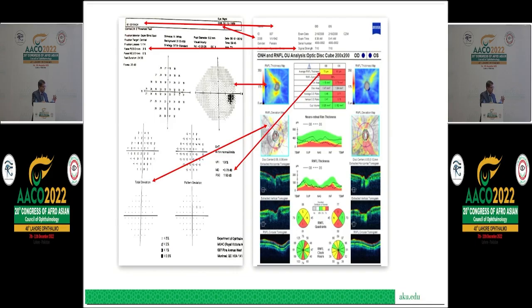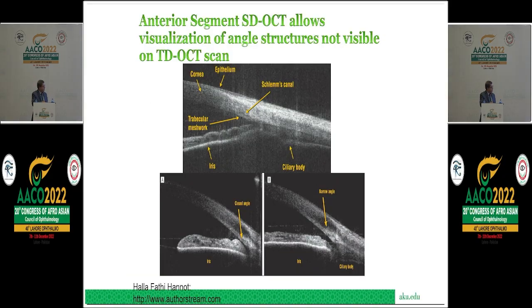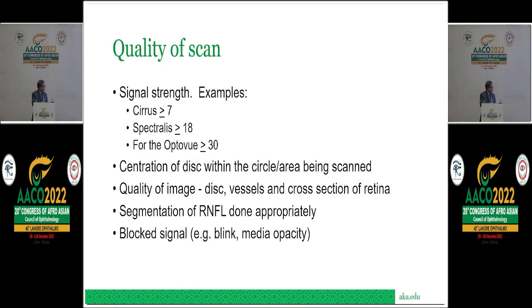So there are some similarities. And also the age of the patient has to be entered properly. Otherwise, the adjustment in the field is not good for total deviation. Similarly, the adjustment for calculation of average nerve fiber layer may not be correct because there is a small age-related attrition as well.